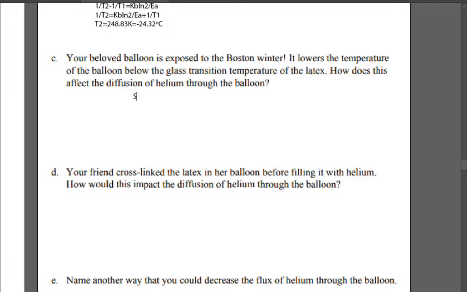Diffusion goes slower. That's basically something that you actually consider. Okay, fine, I guess.